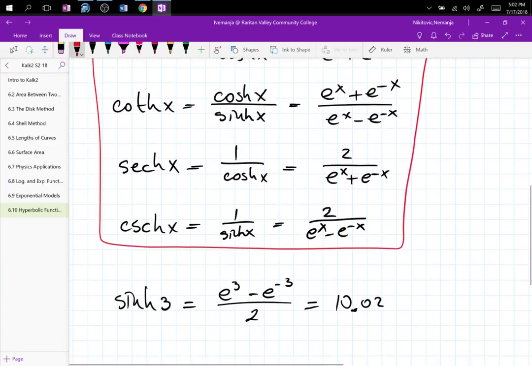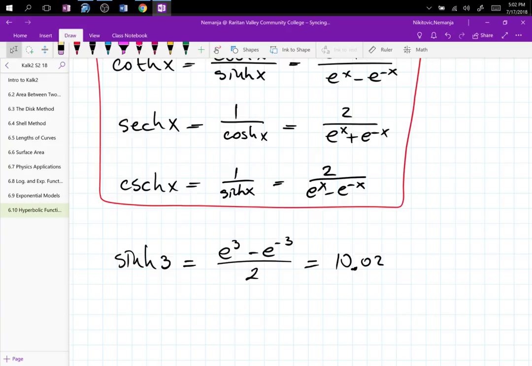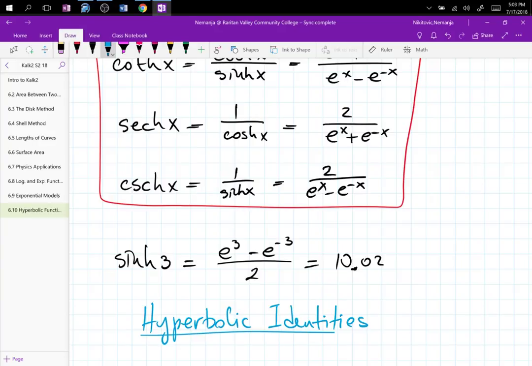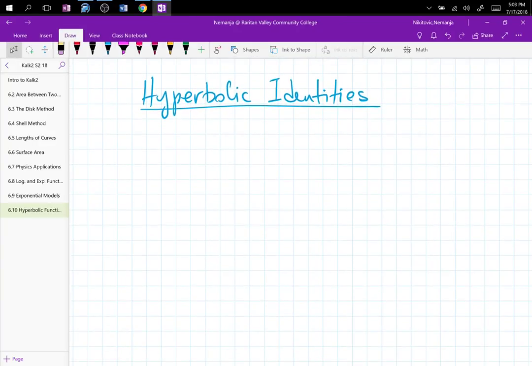So now, as I mentioned, these guys are similar to trig functions. They might have some trig-looking identities, which we're going to call hyperbolic identities, and they do. So let's take a look at hyperbolic identities. We have a whole bunch of them.